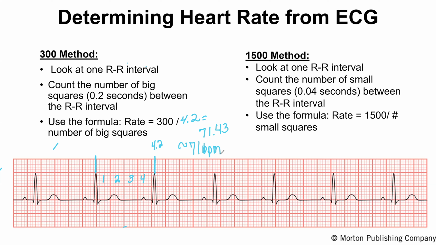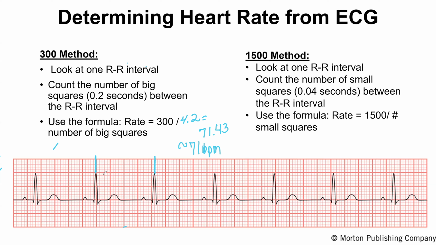You can also do this same thing, but this time use small squares. So instead of using the big squares, we can count the number of small squares. I know there's 5, there's 10, there's 15, there's 20, about 21 small squares, right?